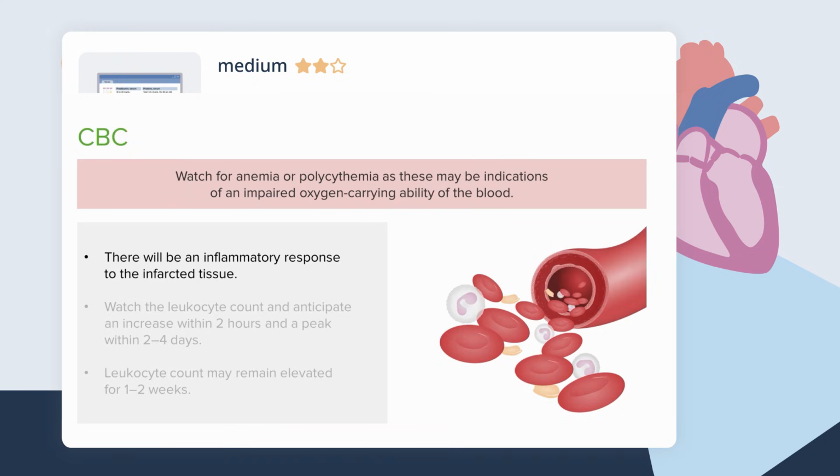So if there is dead tissue, you will see a response or a change in the CBC as evidenced by an inflammatory response. So look at the leukocyte count. Anticipate an increase within a couple hours of the event and a peak within 2 to 4 days. Does that mean the patient has an infection? No, it's part of the inflammatory response. That's why it's really important you understand how to look at the results of a CBC and a differential.